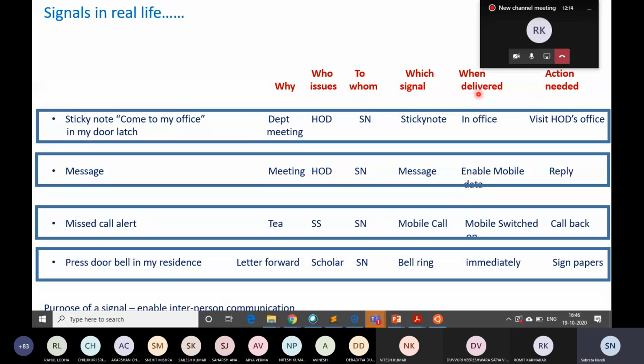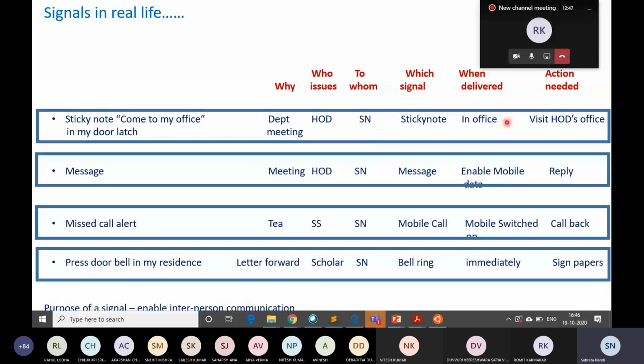Now generally, she issues a signal, but that does not mean I receive the signal immediately. This may not happen in real life, because if she pastes a note in my office room, only once I arrive in my office can I see it. So the signal will be delivered to the intended person only if he is active.